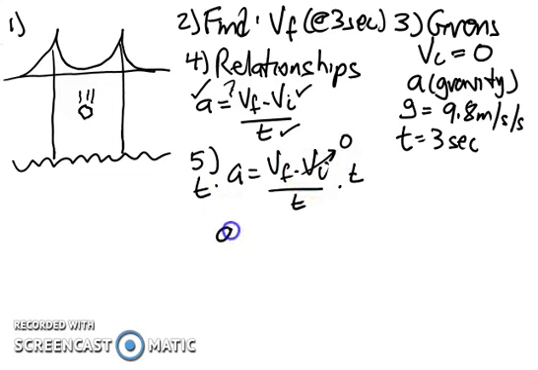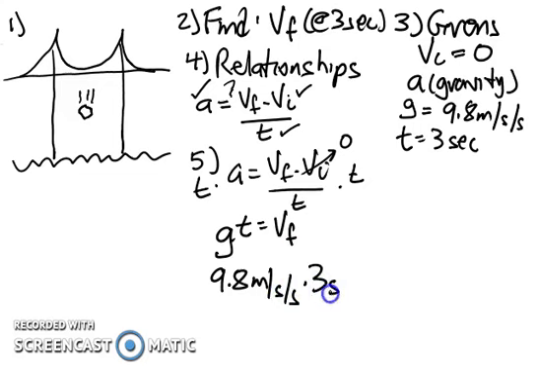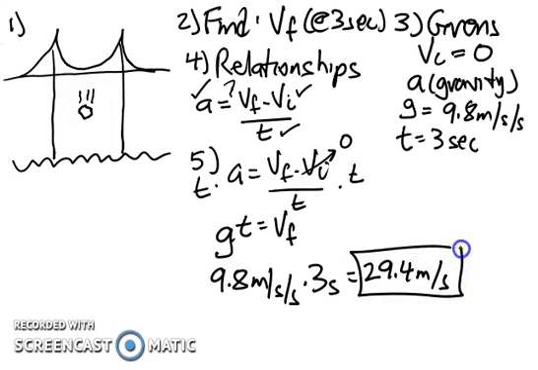I get acceleration times time is equal to my final velocity. Acceleration, in this case g, for gravity 9.8 meters per second squared times my 3 seconds gives me a final velocity of 29.4 meters per second.